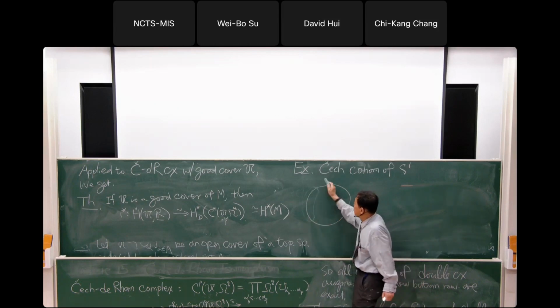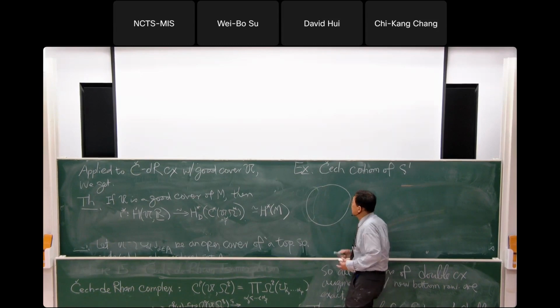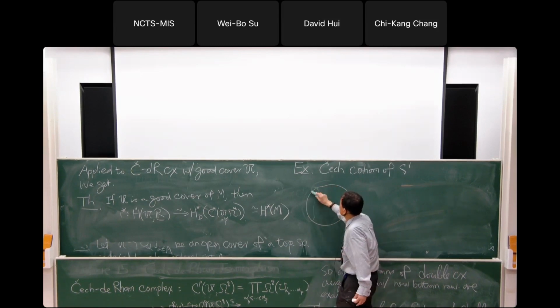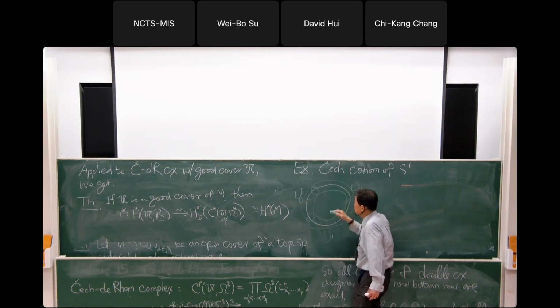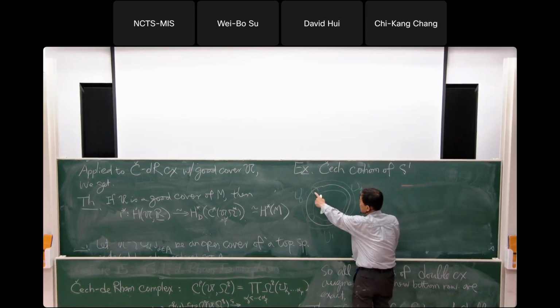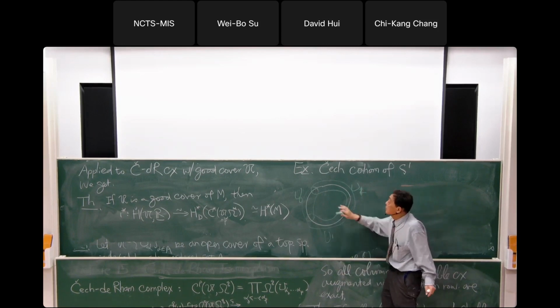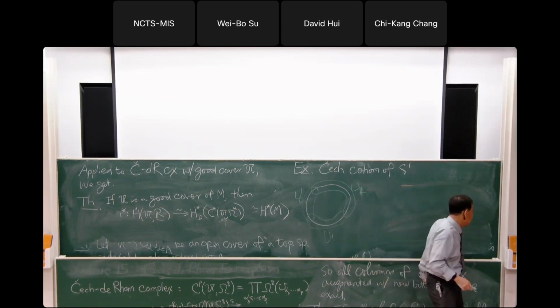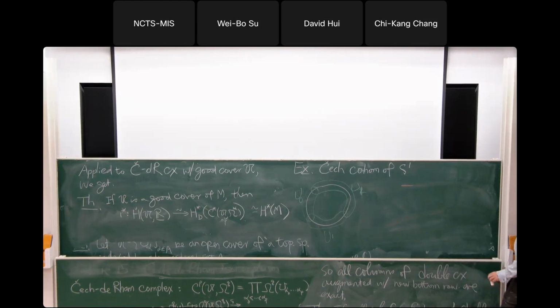Well, if I had just another one, that wouldn't be a good cover because the intersection would have two components. So I actually need three open sets to get a good cover, right? If I call these U0, U1, U2, that's a good cover. The intersection of any two is just an interval, which is diffeomorphic to R. Okay, so that's a good cover.